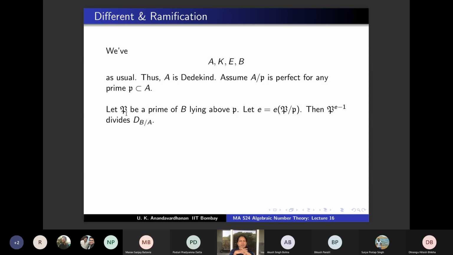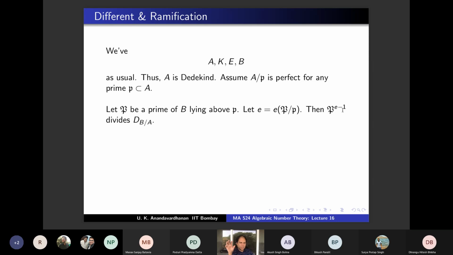So the different ideal will have a prime factorization involving prime ideals of B, and you can ask how many times this prime ideal P is coming. If you take a prime P, then it lies over one prime, that is P intersection A, which is small p. And if e is the ramification index of P, then we are saying that P comes at least e minus 1 times. So this is how the ramification index is related to the different.